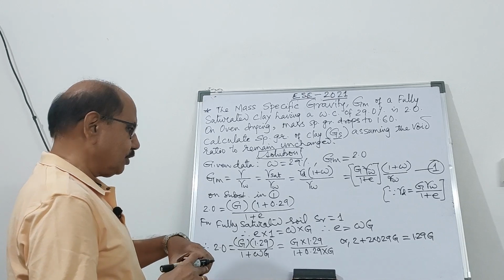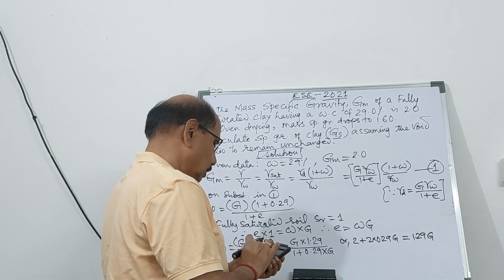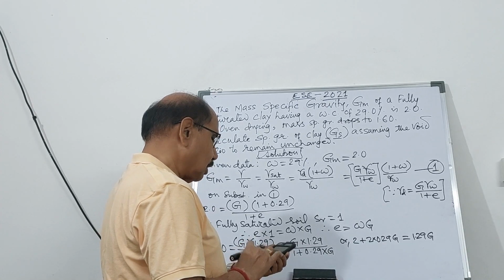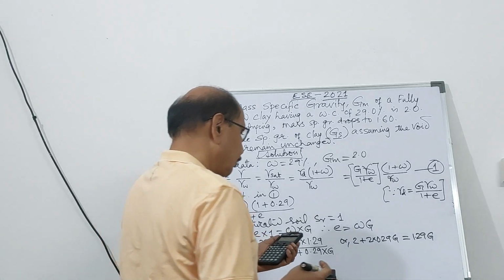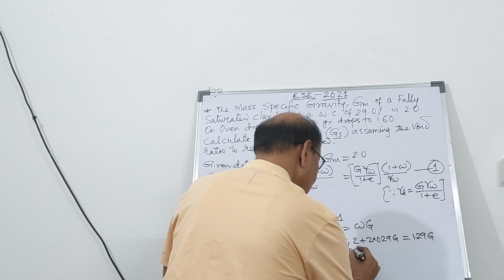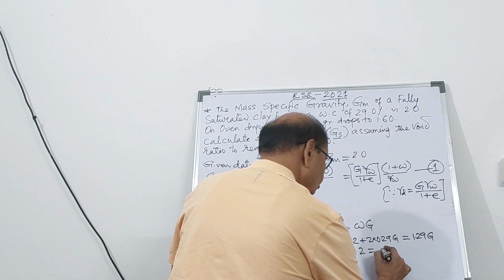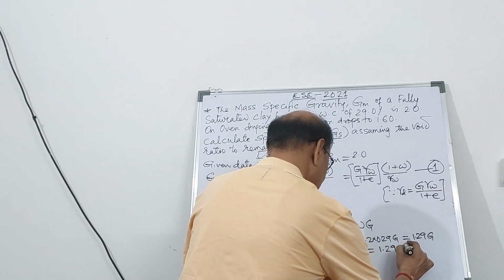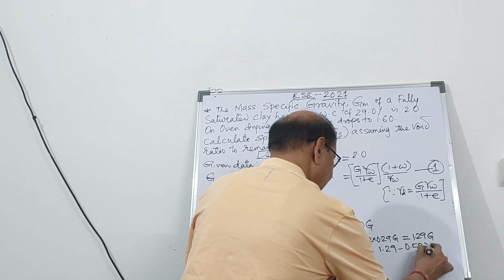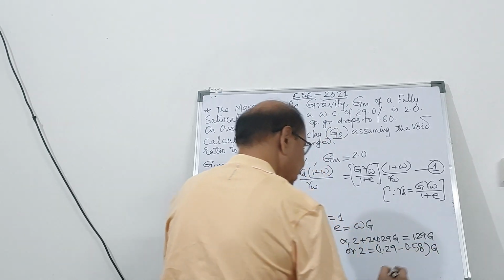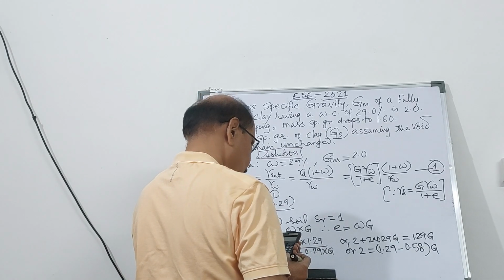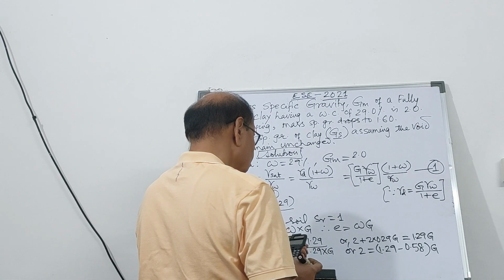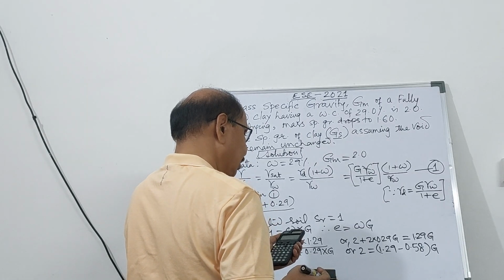On simplification, 2 times 0.58, so 2 equals 1.29 minus 0.58 G, which gives 0.71.